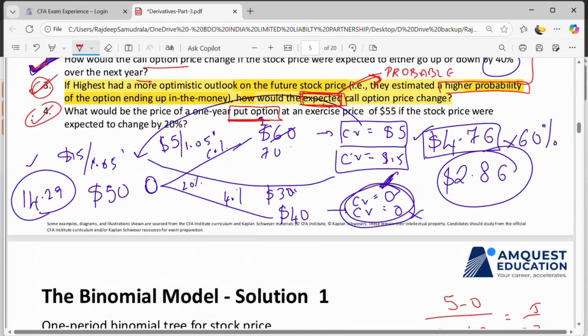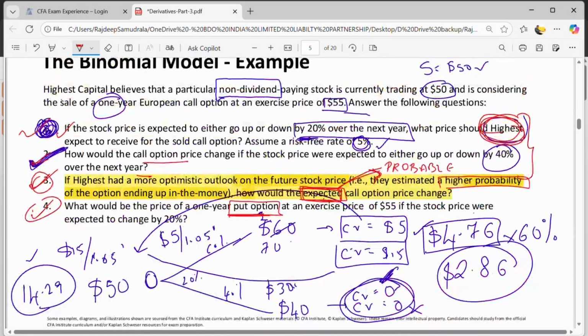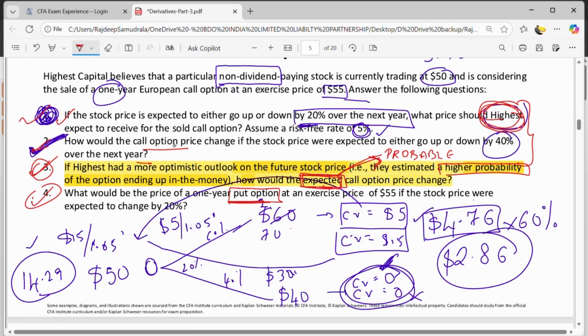So when they said highest in that question, I think they are just referring to the name of the company, right? No, sorry, my bad. But what price should be the highest call? What they said is, what price should they expect for the call option without probabilities?